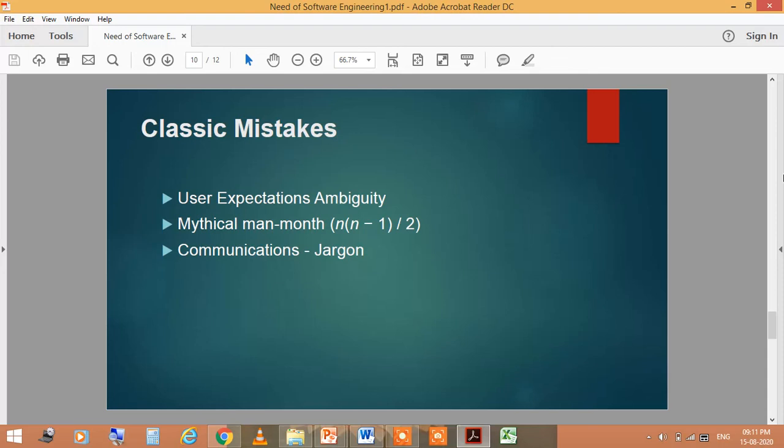So what will happen? As I told you, there is always a communication gap between the user and the developer, because the user doesn't know which platform or language you are using, because he is not aware of those languages.